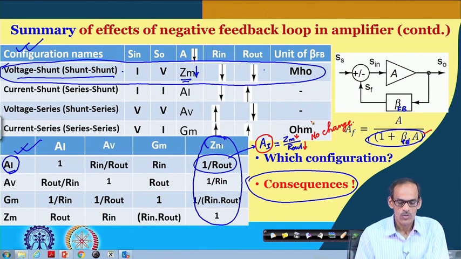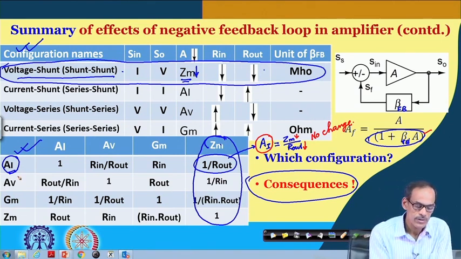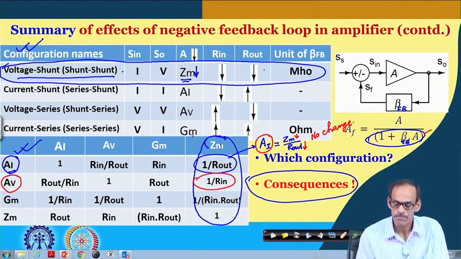Now, we can also work out the other parameters. For example, if I consider the voltage gain, its expression can be given by this factor multiplied by Zm.